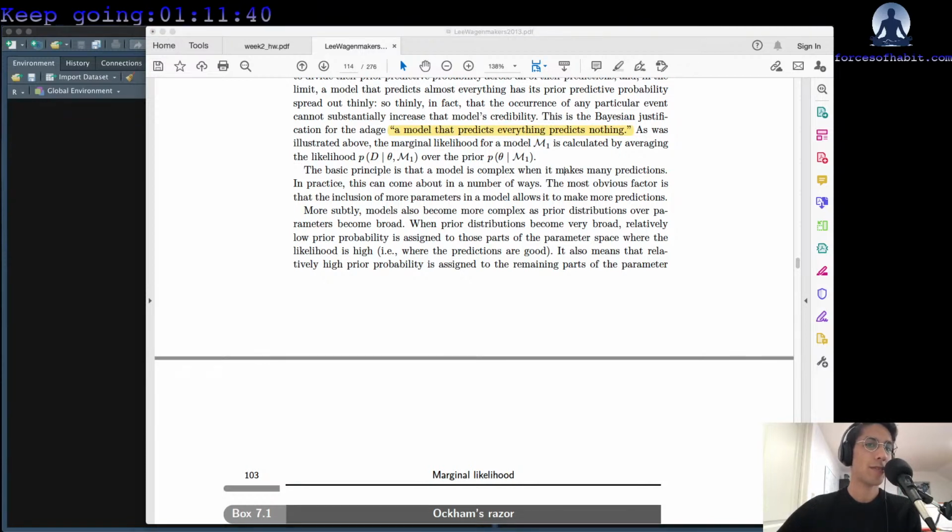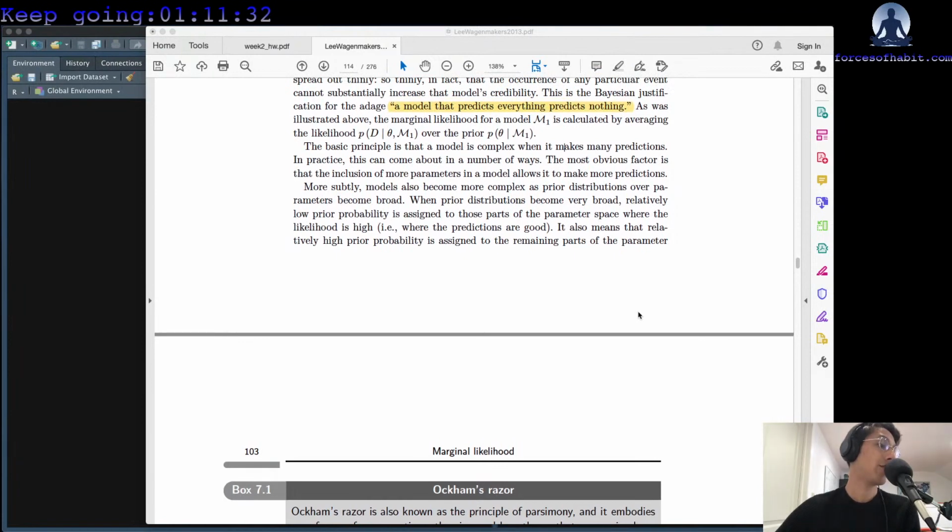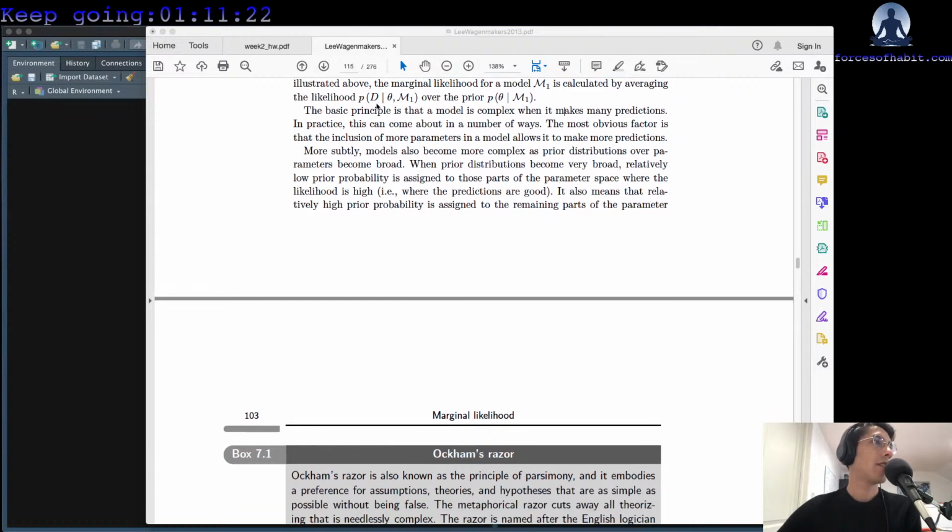One could say they're models, arguably, depending on your formal definition. They at least should be able to be derived into models. But that's a different discussion. So the basic principle is that a model is complex when it makes many predictions. In practice, this can come about a number of ways.